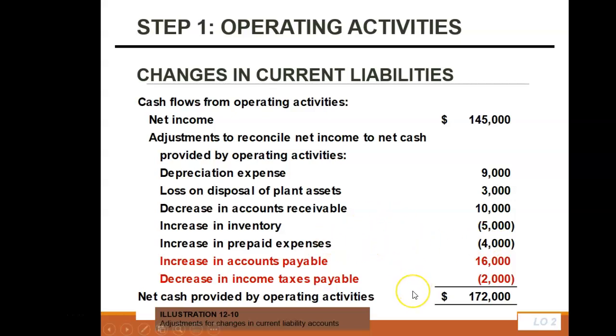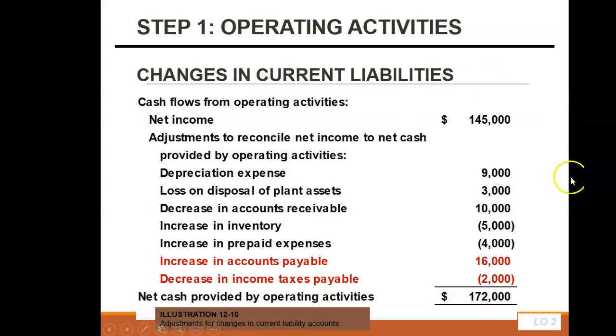And then last, you'll look at your current liabilities. If you have an increase in the current liability, you're going to add that amount. If there's a decrease in a current liability, you're going to subtract that amount.